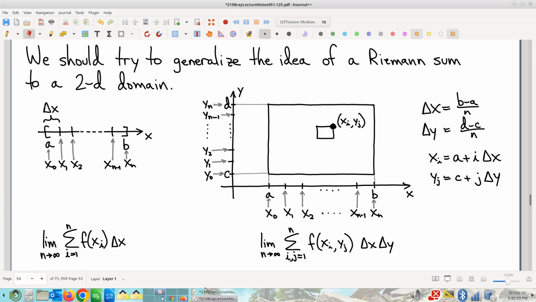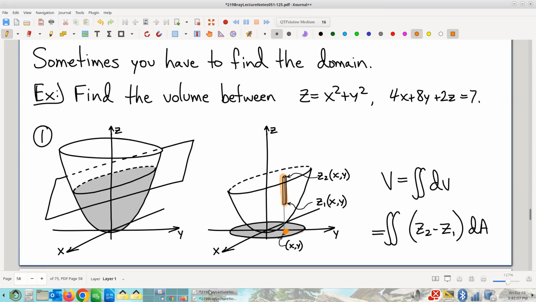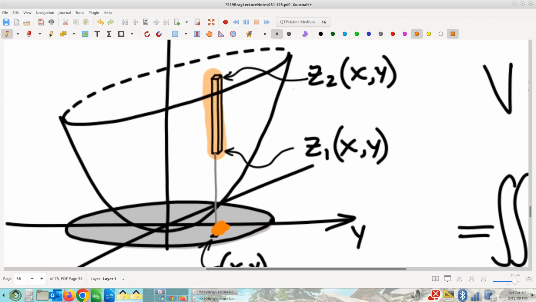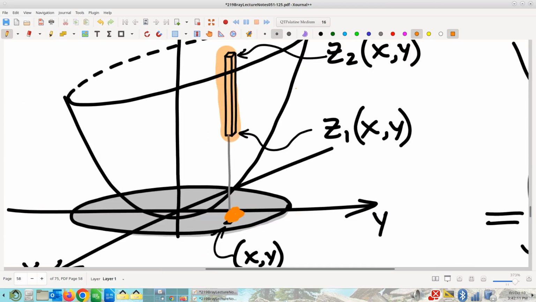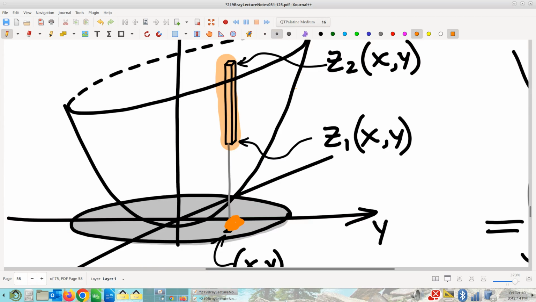So going back to our situation, is that the case here? I'm going to zoom in for clarity. Is there something I can multiply by this area to give me this volume?